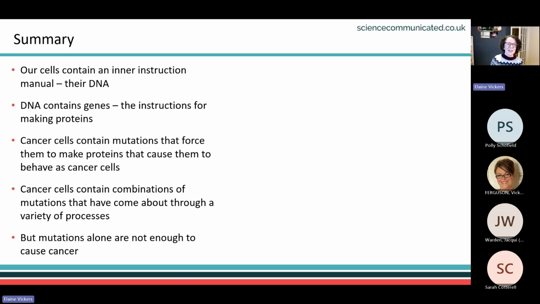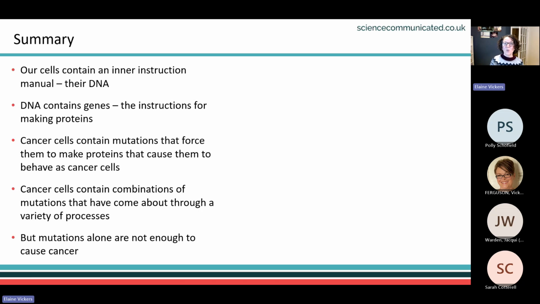But it doesn't mean that cancer is an inevitability because our immune system is there to protect us. It's constantly vigilant. It's constantly on the lookout. Cells like our T cells, our macrophages, our natural killer cells, they're constantly watching and destroying cancer cells that emerge. So cancer occurs when two things have happened.